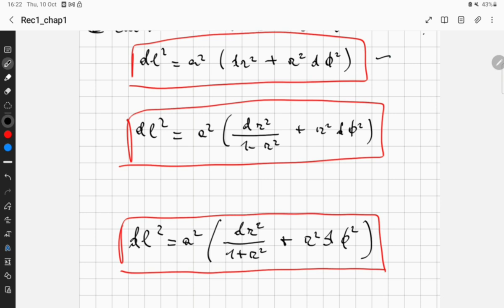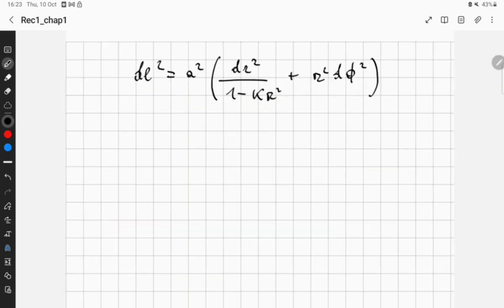So if we look at them all together, this is the Euclidean flat, this is the spherical, and this is the hyperbolic geometry. We see very clearly that there is a simple way to describe them all with a generalized form of this equation.